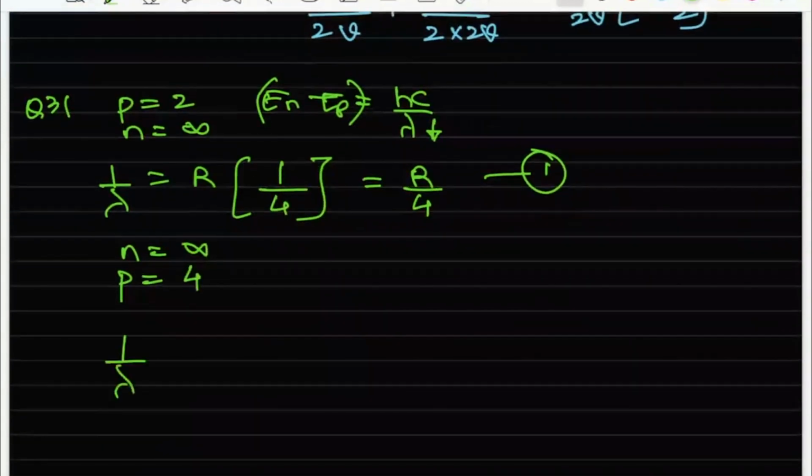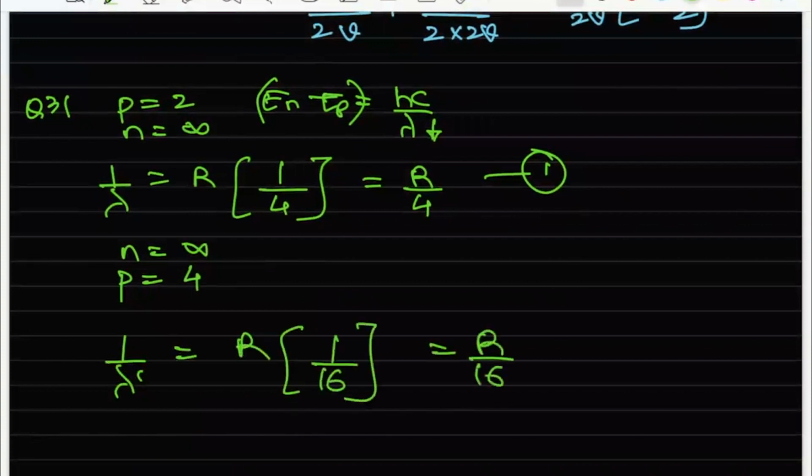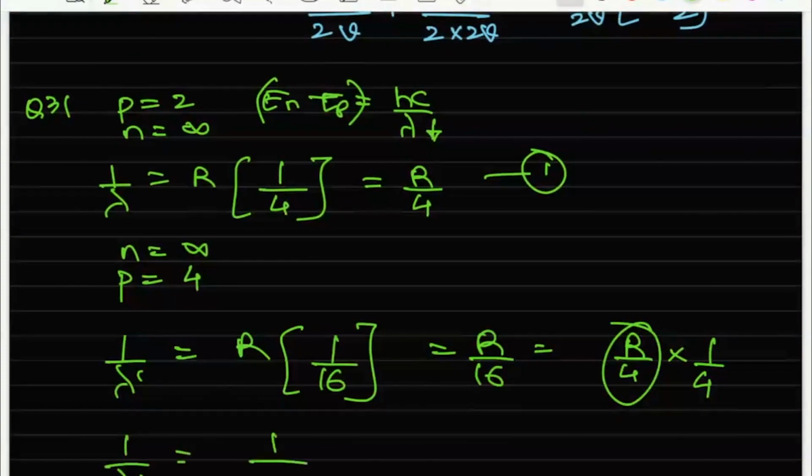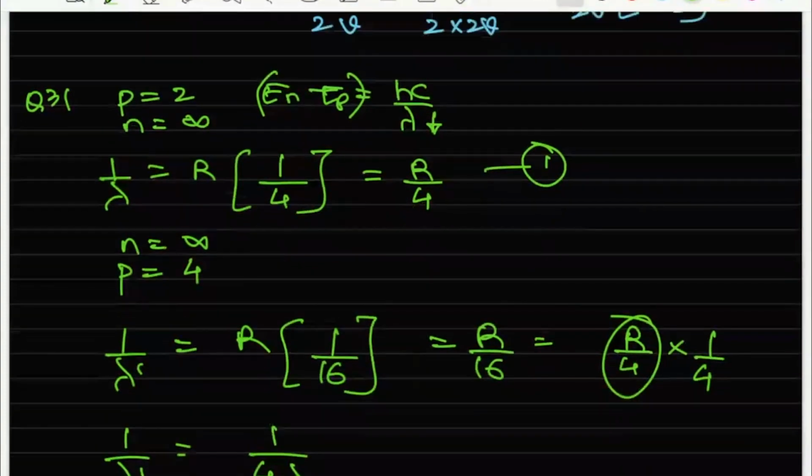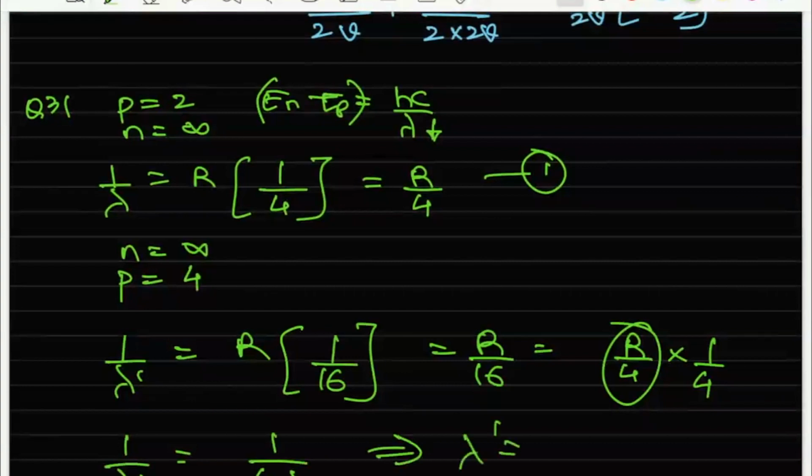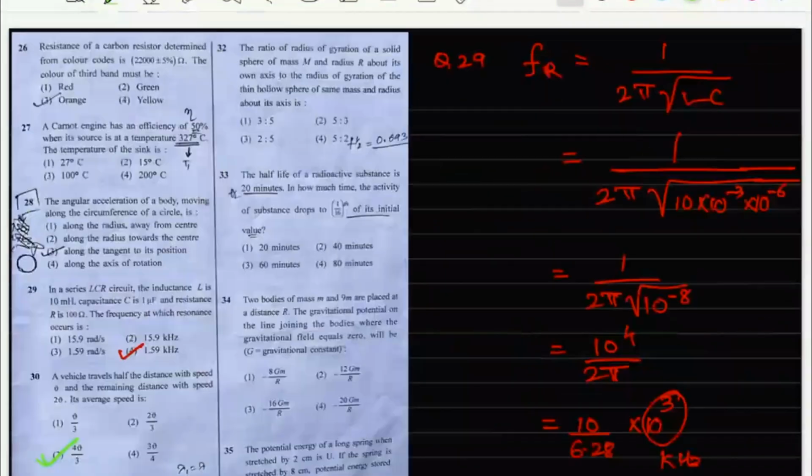Let's call that lambda dash: R Z square over 16. So I have R by 16. Again 1 by infinity is 0. So R by 16 can be written as R by 4 into 1 by 4. And this R by 4 is nothing but, from equation 1, lambda. So I have lambda by 4. So that's it. Lambda dash is lambda by 4. So that is this option.